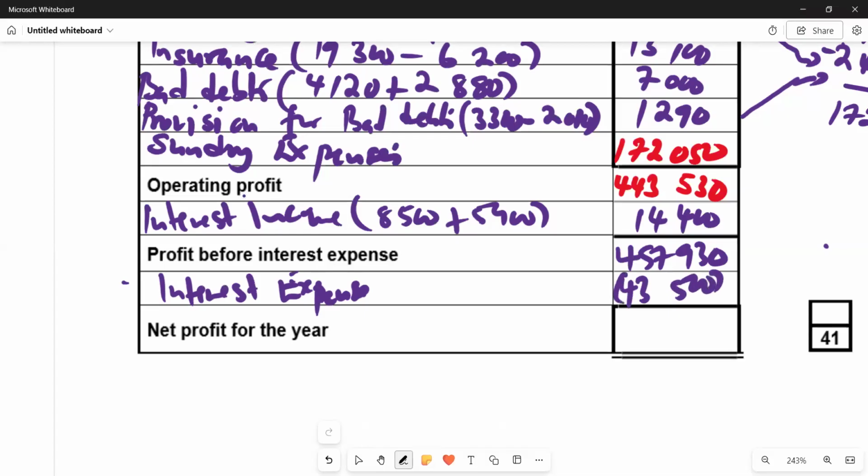And we subtract it from the figure for profit before interest expense, which is 457,930. And the answer that we are supposed to get is 414,430. So this becomes your final answer as net profit for the year.